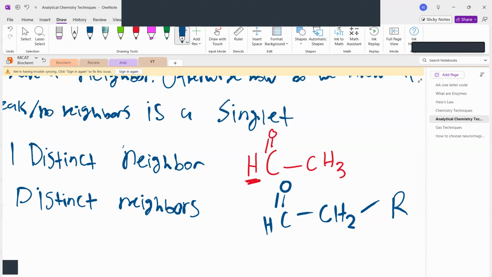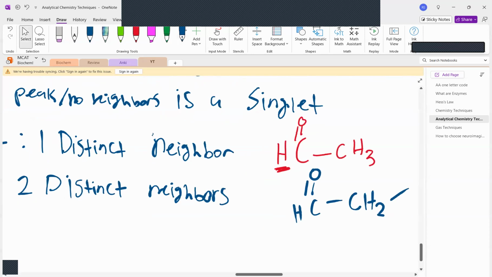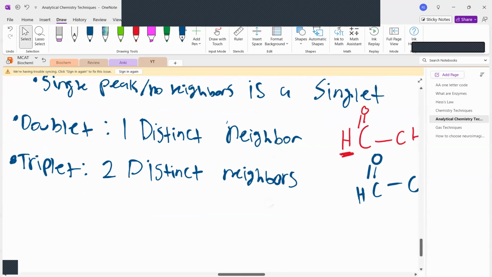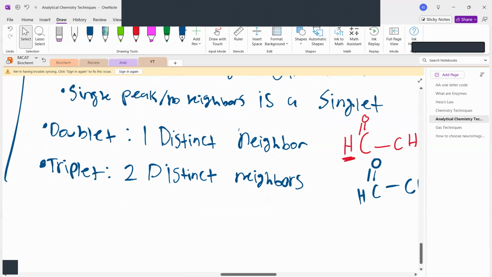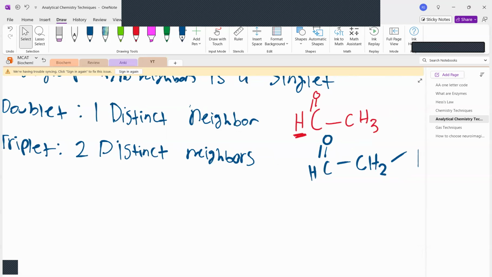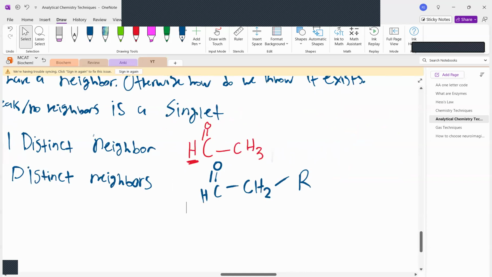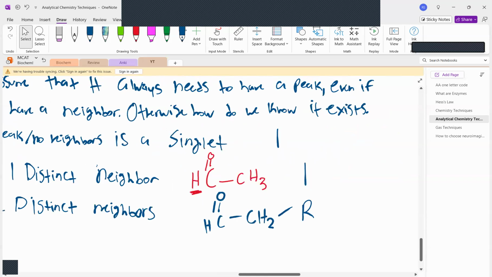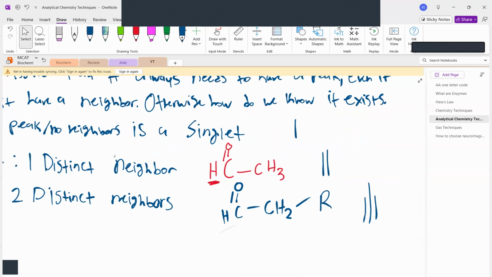So it's technically one neighbor, so it's a doublet. It's n+1: one neighbor plus one is 2, so doublet. Really all you need to know for the MCAT is up to triplet. Other than that, you don't care. This is what a singlet will look like, this is a doublet, and a triplet will look like that, if you're looking at a graph.